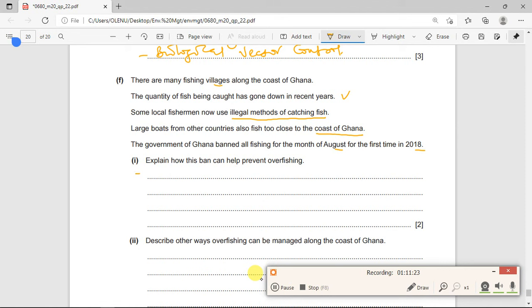It will help the fish to grow, mature, and reproduce.